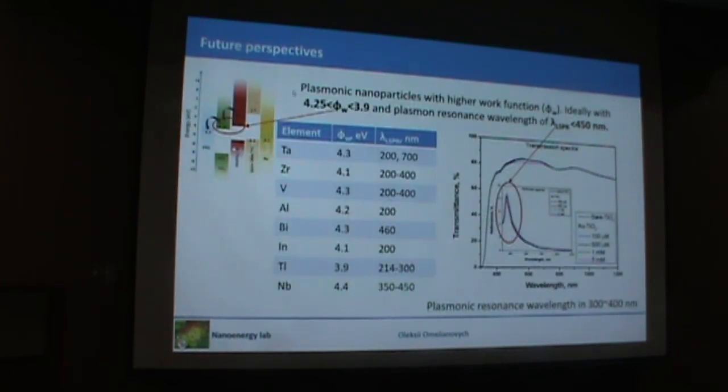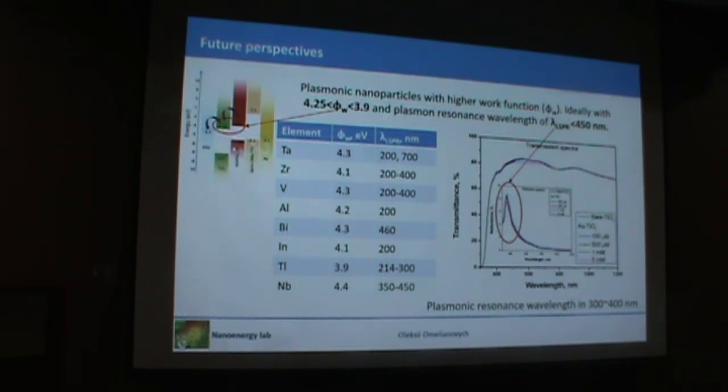Considering all of these findings, the future perspective direction for plasmonic perovskite solar cells is the use of materials with a more favorable position of the work function to prevent the recombination between the hole from methylammonium lead iodide and the plasmonic material.